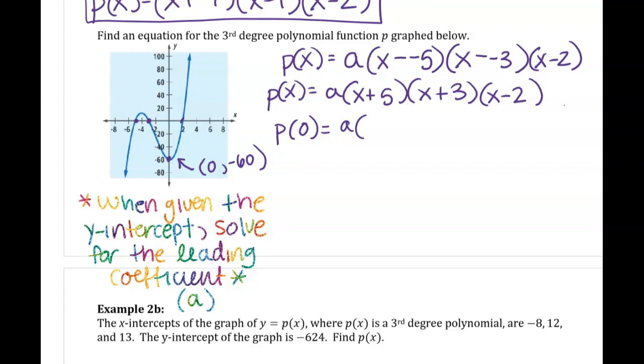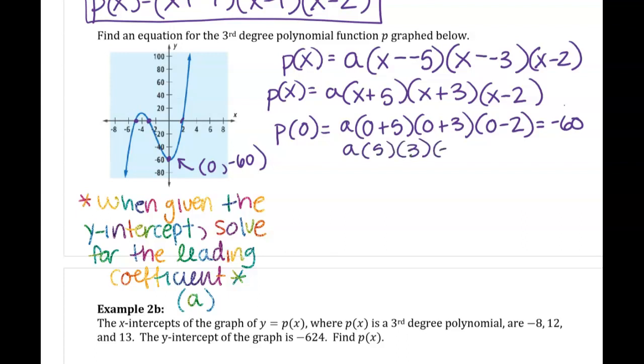So p of 0 equals a times 0 plus 5 times 0 plus 3 times 0 minus 2, and that's going to be our y value, negative 60. So that's a times 5 times 3 times negative 2 equals negative 60. 5 times 3 times negative 2 is negative 30 times a equals negative 60. Divide by negative 30, a is 2.